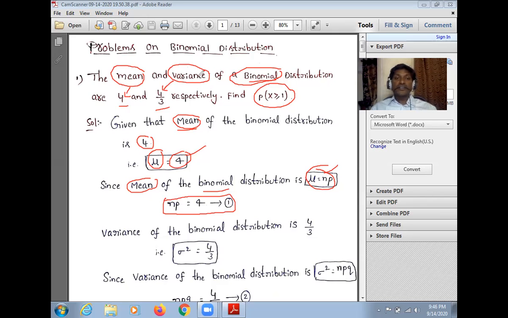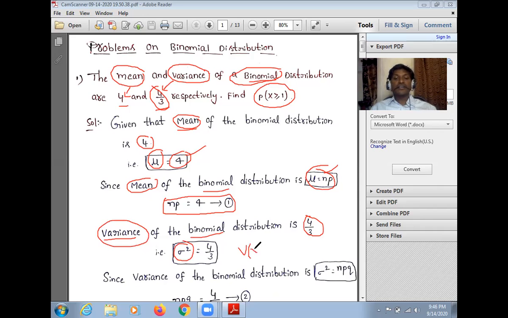Another thing they give in the problem is the variance. The variance of a binomial distribution is 4 by 3. In symbolic notation, in place of variance we use sigma square, or Var(X), or V(X).